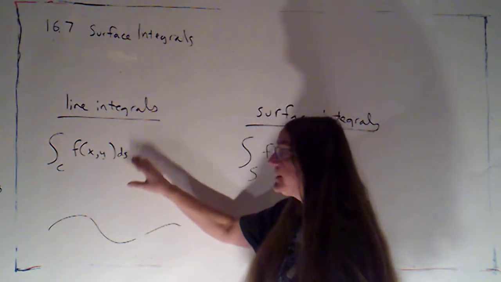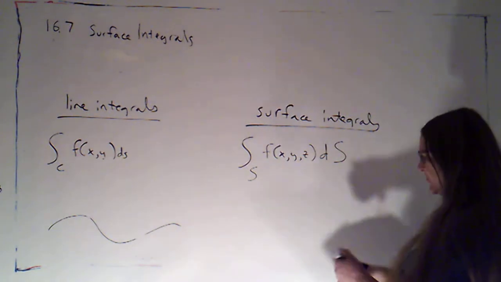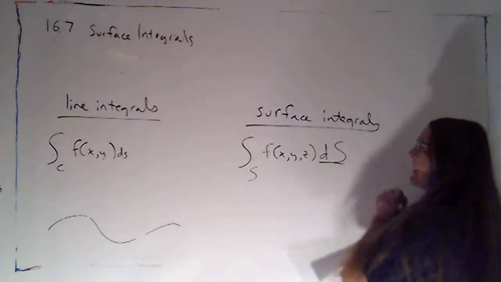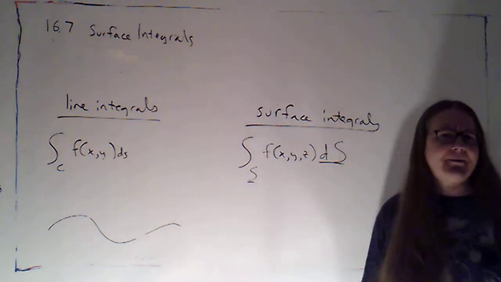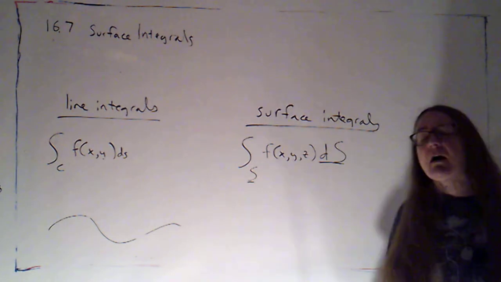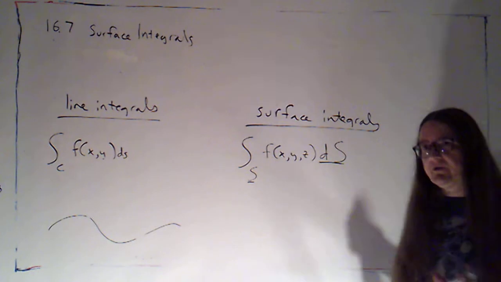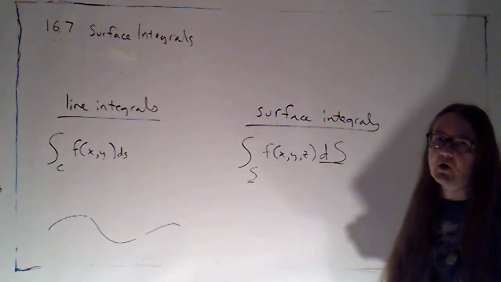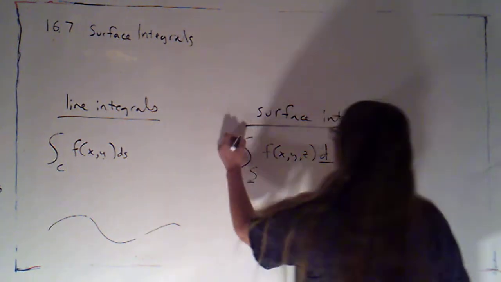So little s is arc length, big S is surface area. I'm really not crazy about saying I'm going to integrate with respect to capital S and then naming the surface capital S. However, that's what the textbook does. So I'm going to respect that and do that just so it doesn't look any weirder than it has to when you're doing the homework. I think that's a poor choice, since we're free to call our surface whatever we want.